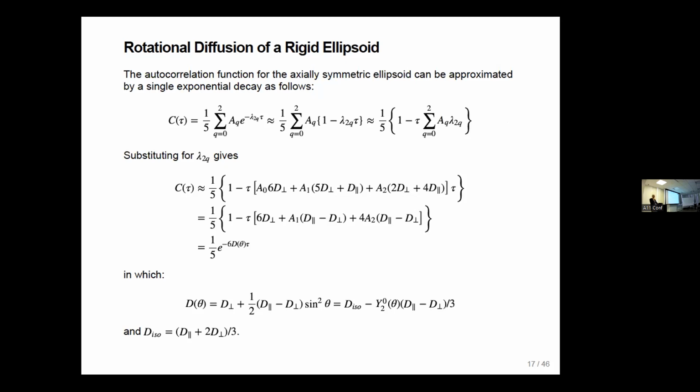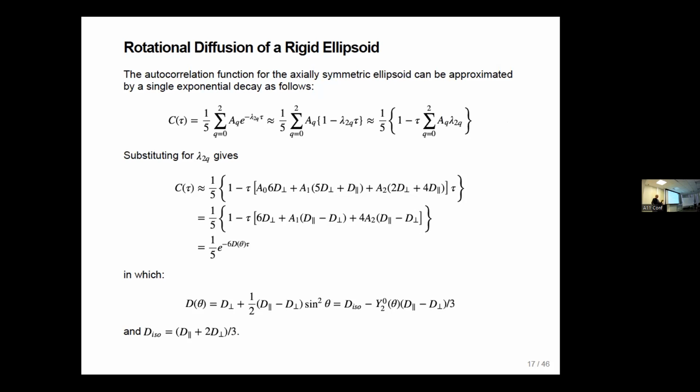Now there's a really elegant approach from Rafael Brüschweiler. Well, what would happen if we didn't have an ellipsoid?